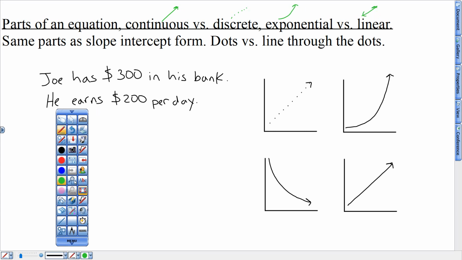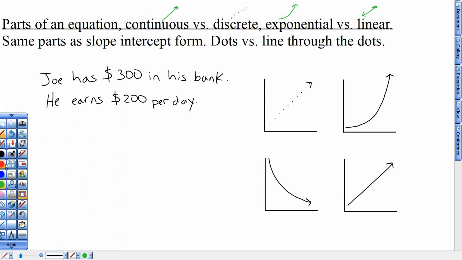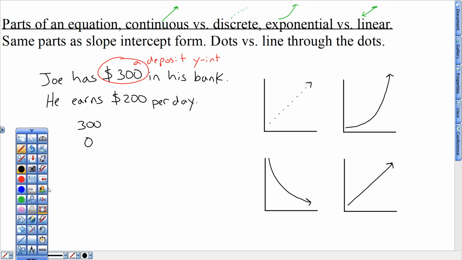If I give you the amount of money in the bank or a deposit, same thing, that is your zero-term number. That is your y-intercept. That is the zero term. That is when you're writing this 0, 300, how much you have at the very beginning.